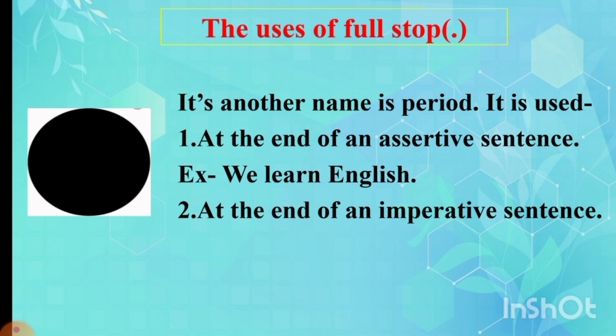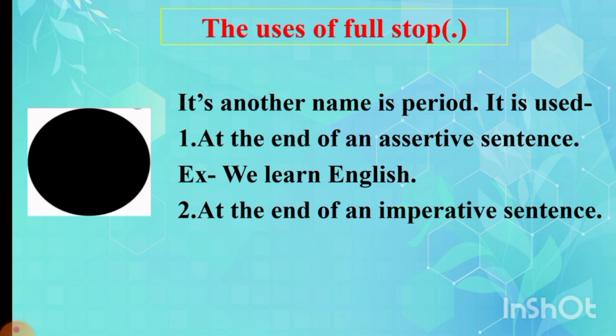Number 2, at the end of an imperative sentence. So after an imperative sentence we have to use a full stop. How will you identify an imperative sentence? An imperative sentence is such a kind of sentence which expresses order, request, command, suggestion, proposal.